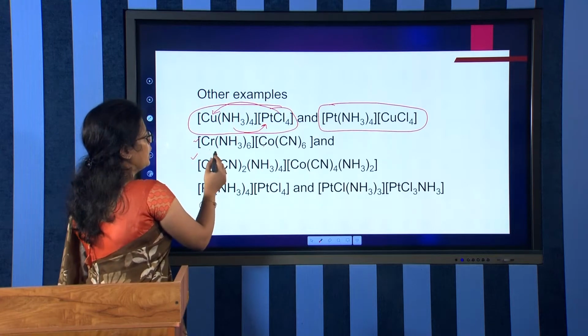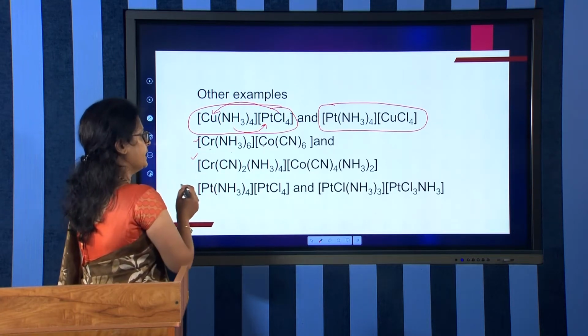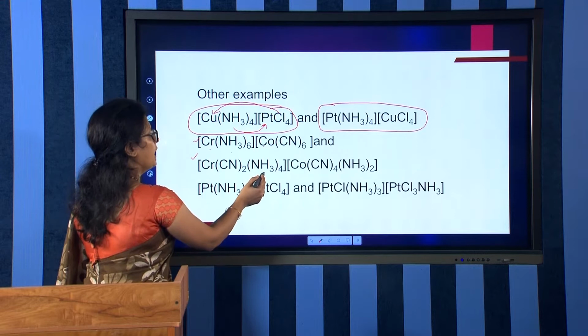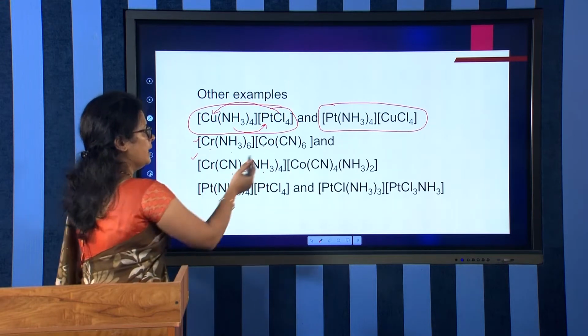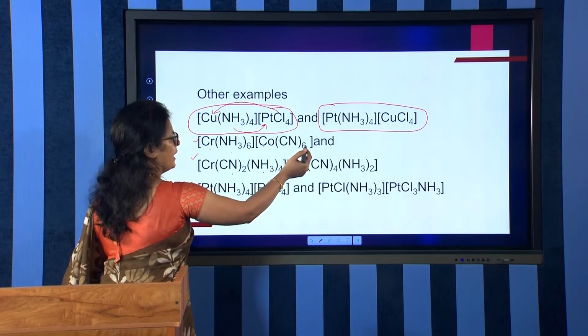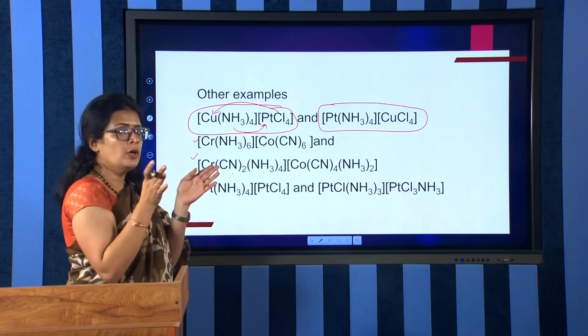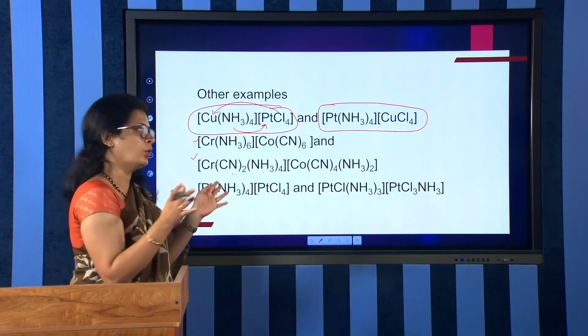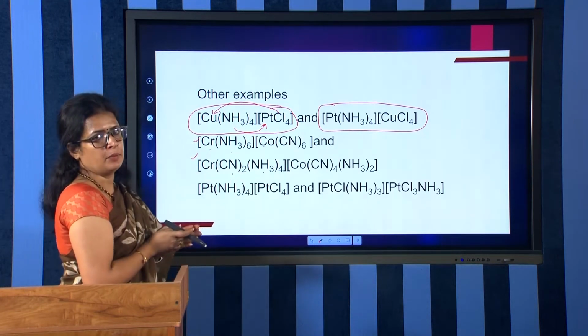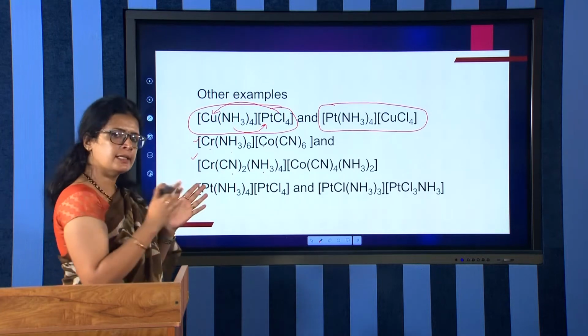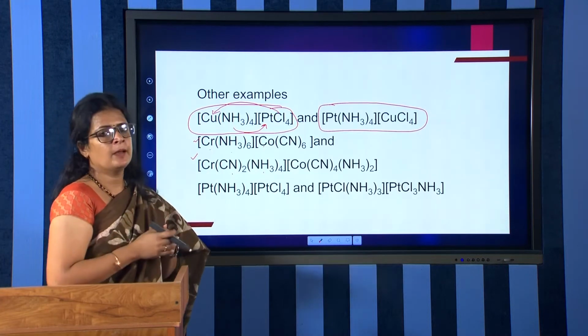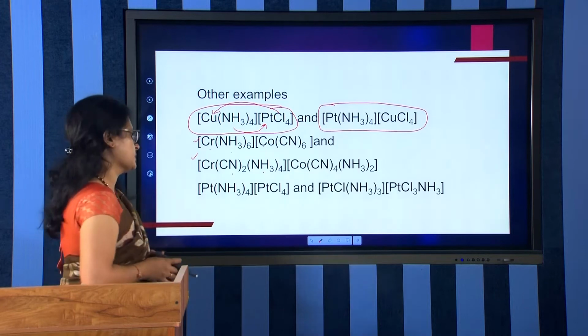In this case, chromium has ammonia as a ligand. In the other case, ammonia plus cyanide ligands are there. The 6 cyanide ligands are divided as 2 and 4 in the second type. That is the only difference. So ligands are being exchanged between the two metal ions.